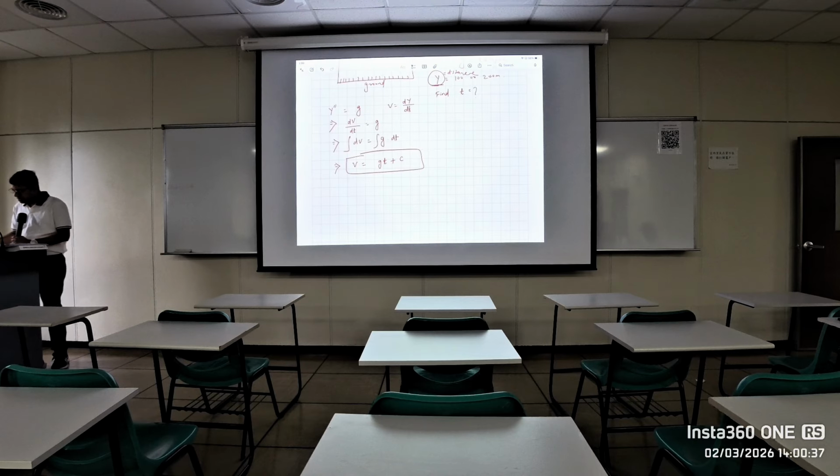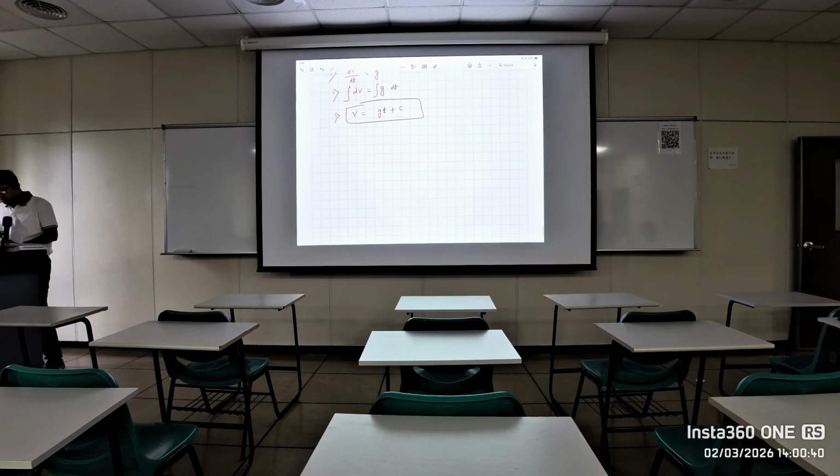Now, if I try to find the distance, I start from v. That means dy by dt is nothing but gt plus c.